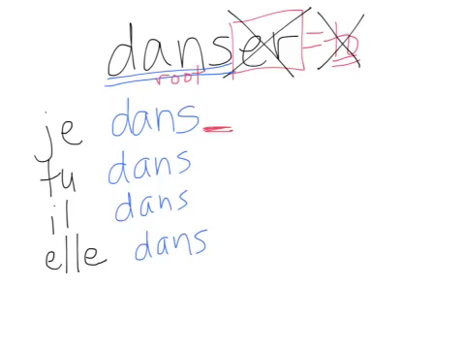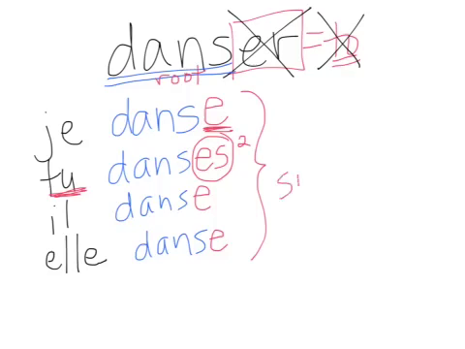So for je, we add the letter E. For tu, we add the letters ES. That is the only subject pronoun, tu, that has two letters in its ending, ES. Hopefully that'll help you remember that. For il and elle, again, it's just the letter E at the end. But all of these endings, when we pronounce them, are silent.